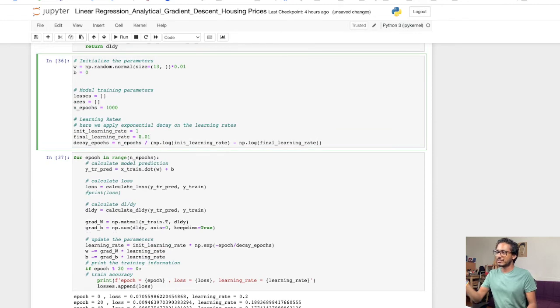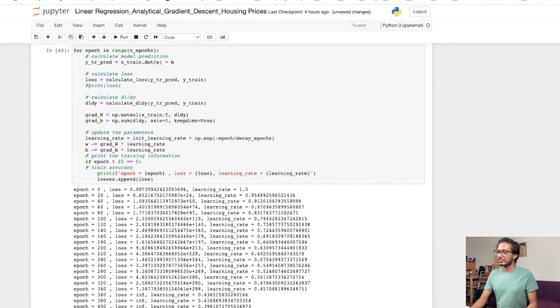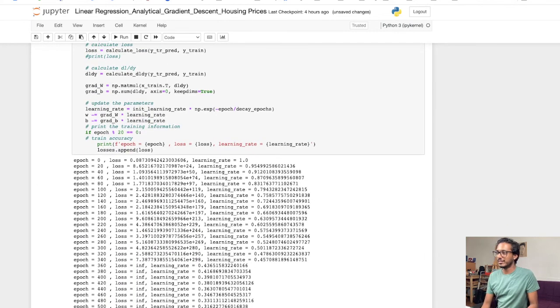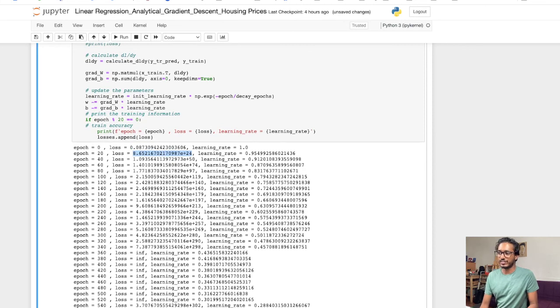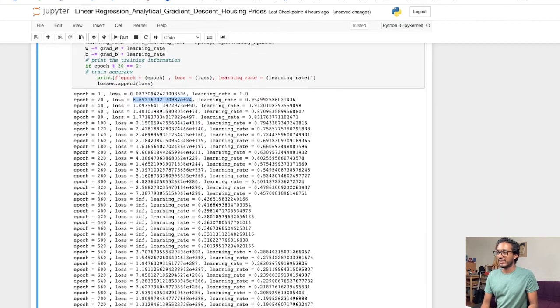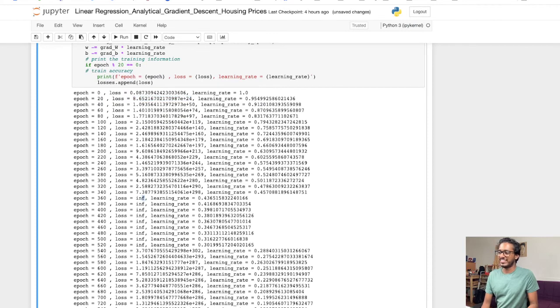So let's change the learning rate and see here what happened. We started with an okay loss, but then it became huge after 20 epochs, and then it went up to infinity.